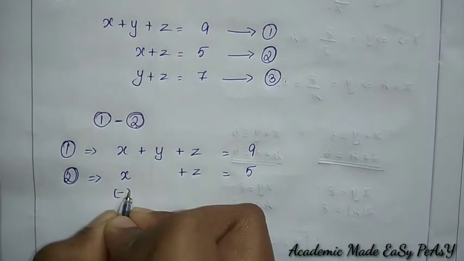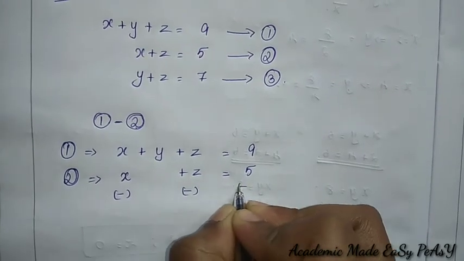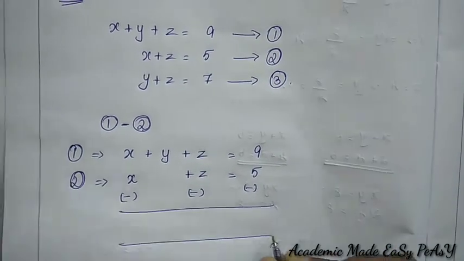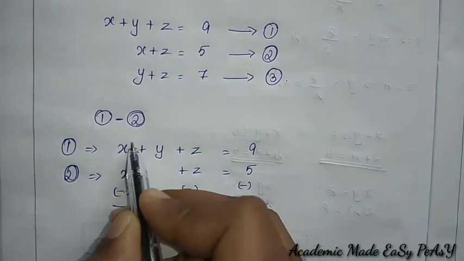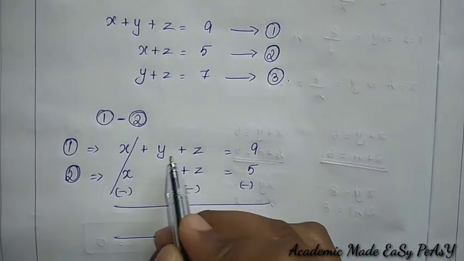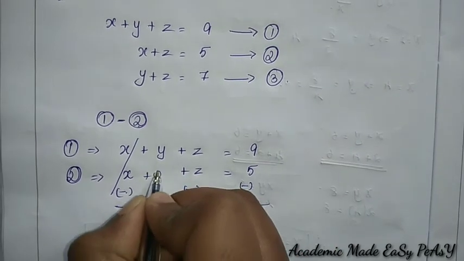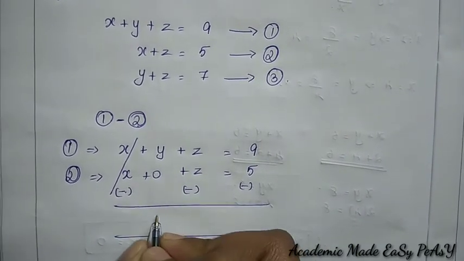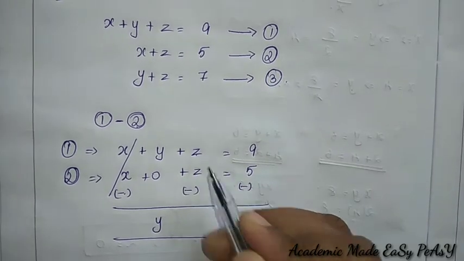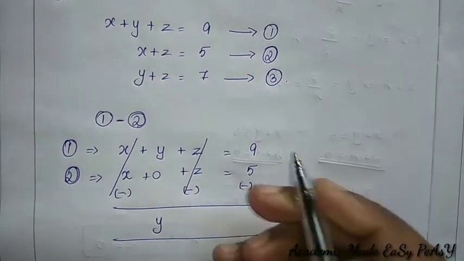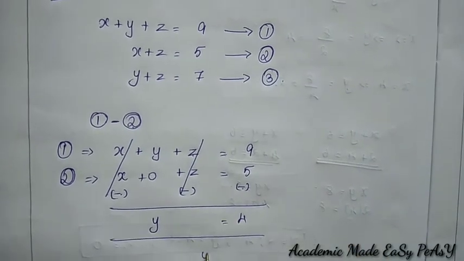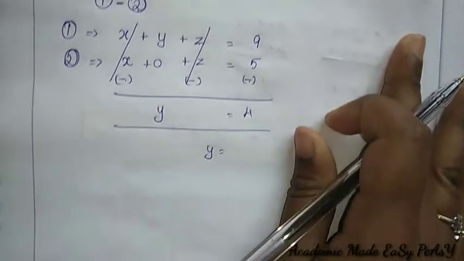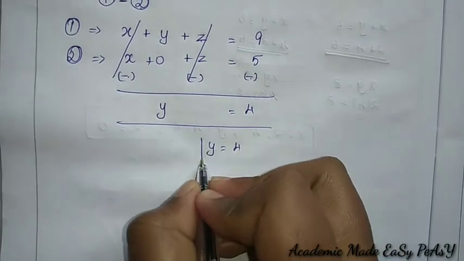Since I'm subtracting, I'm changing the sign. So after changing the sign, x minus x gets cancelled. And y I don't have here, so plus 0 still I'll have. So I will have y as it is, and z minus z gets cancelled. And 9 minus 5 is 4. So therefore, my value for y is 4.